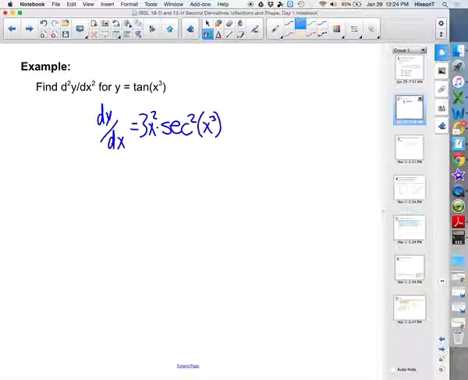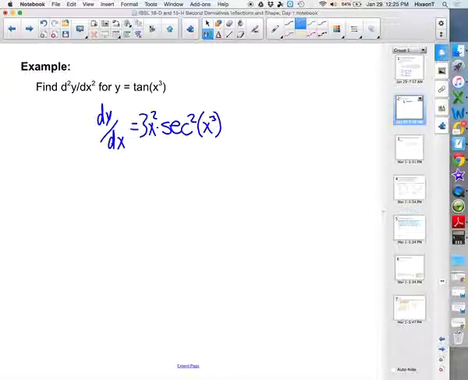Now, in your formula booklet, they give you sine, cosine, and tangent. They tell you the derivative of sine is cosine, the derivative of cosine is negative sine, and the derivative of tangent is, in the formula booklet, 1 over cosine squared, which you know is secant squared.